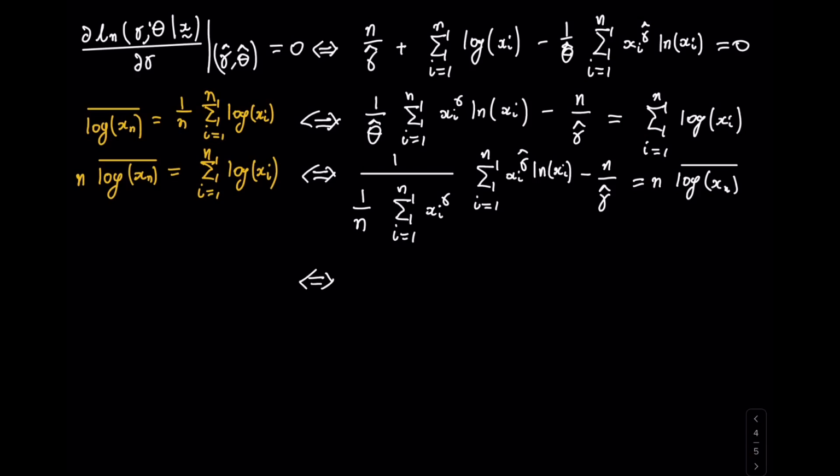If and only if, in this particular case, this 1 on n can be taken, because that's 1 over 1 on n, the n can become part of the numerator, so it becomes n on the sum of i equals 1 to n of xi to the gamma, and of course we have i equals 1 to n of xi to the gamma ln xi minus n on gamma hat, equals n times log xn bar.